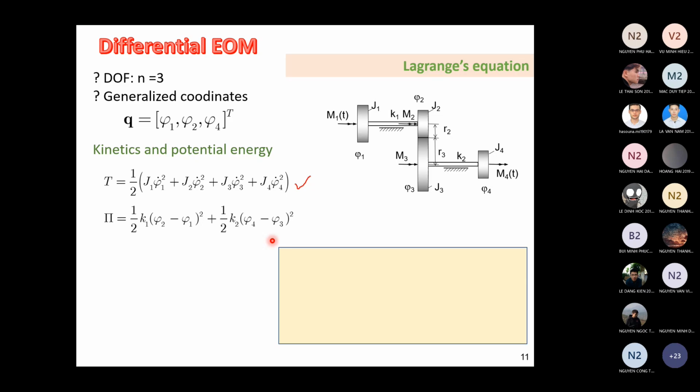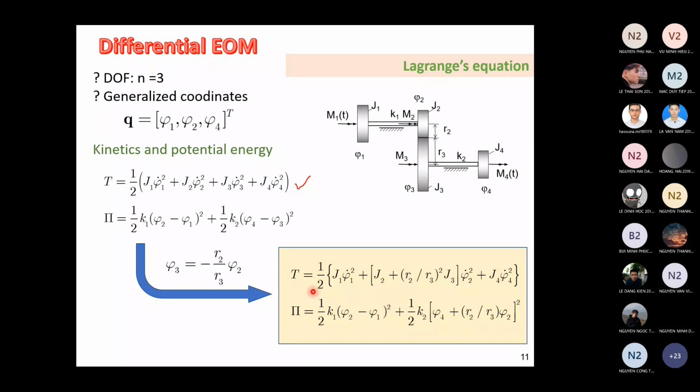So the ratio between them is minus R2 over R3. Then you take place into the kinetics and the potential energy. So you can write again the potential energy and the kinetic energy as in this formula. Anybody understand?